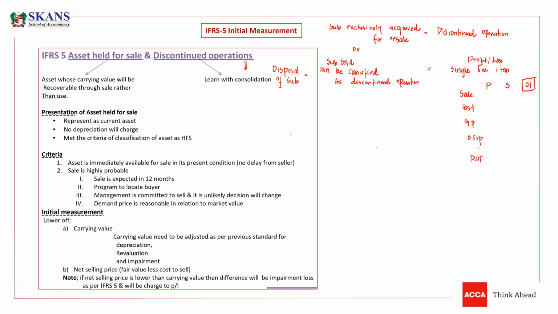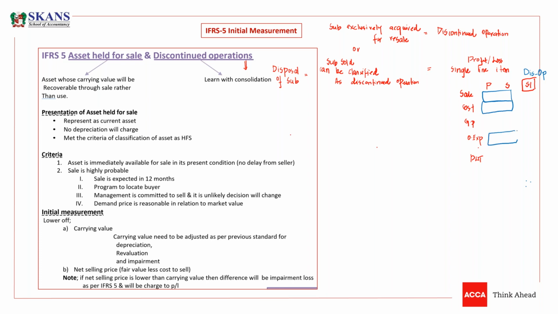So what we are going to do, this is a discontinued operation. This is discontinued or held for sale. Now we will add the parent and subsidiary.